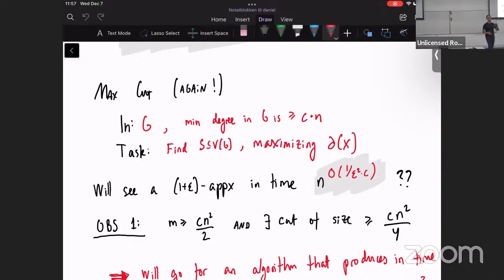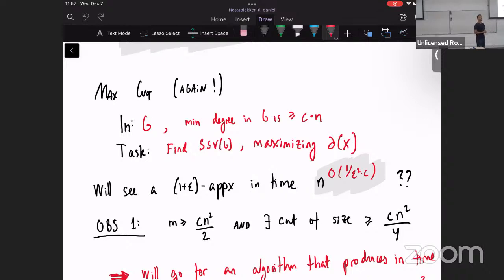So from the perspective of trying to approximate max cut, if the graph is dense, you can actually approximate max cut really well. What we're going to do is that for every c greater than 0, if the minimum degree is at least cn, we will find a 1 plus epsilon approximation in time n to the order 1 over epsilon squared times c, or something like that.